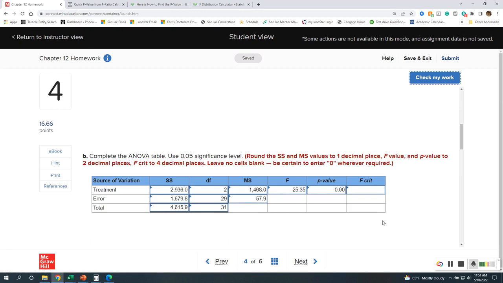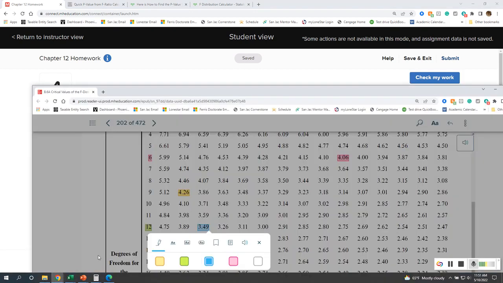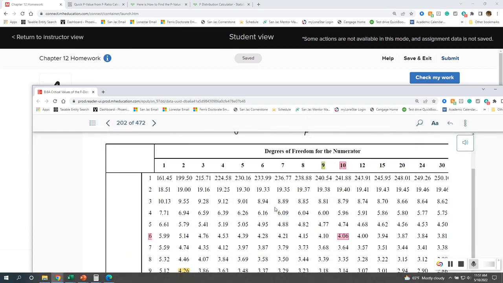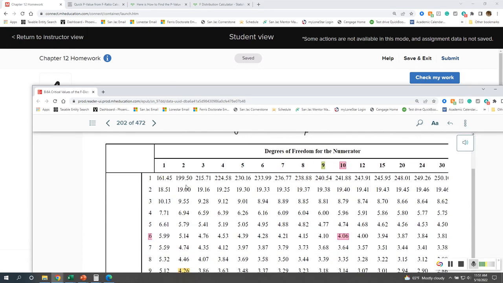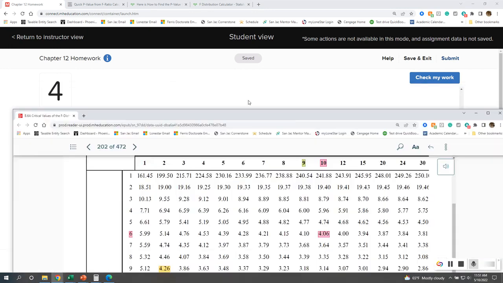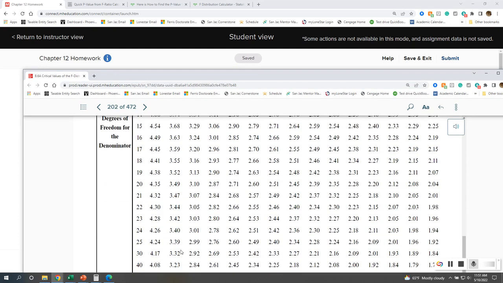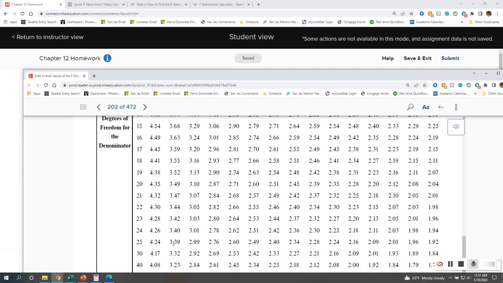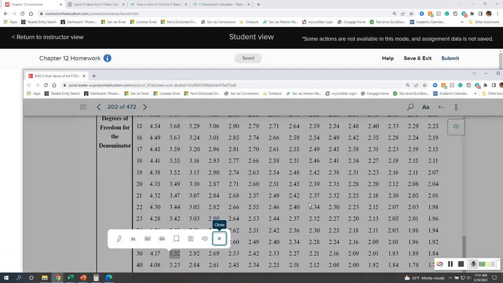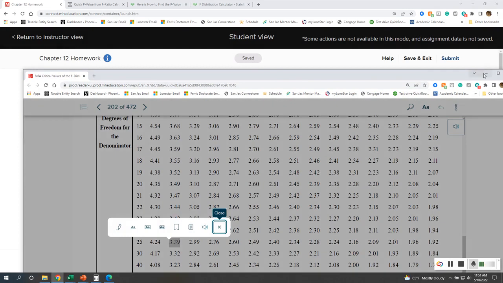Alright, now we find the F crit, which again is from our table. And we have our degrees of freedom already. So let's pop up our book. We have 2. Make sure we're on the right table though. 0.05, 2, and 29. So it's going to really fall between these two. So let's use the one that's closest, 3.32. Actually, let's use 3.39.